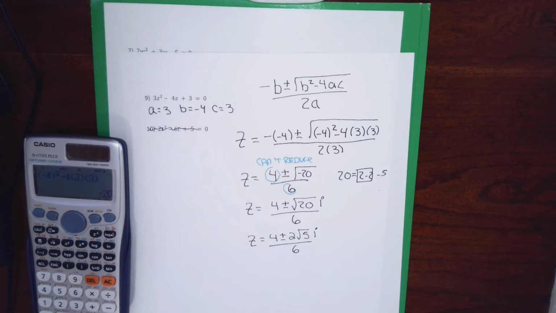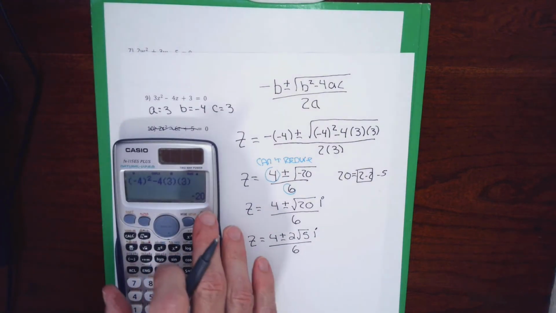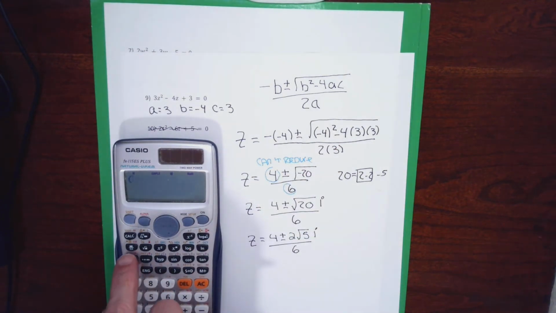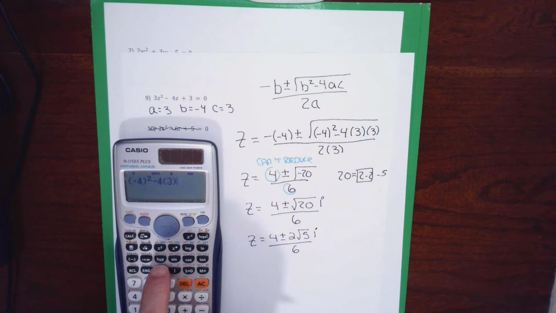I'm looking at my key and it's saying I have a mistake. I wonder, let me just make sure that I'm not writing something down wrong and that my key is actually wrong. So under the radical is where I think I might have a mistake. So I'm going to go -4, which is B, squared minus 4, parentheses 3 for the A, parentheses 3 for the C. Yeah, I just have a mistake on my key.